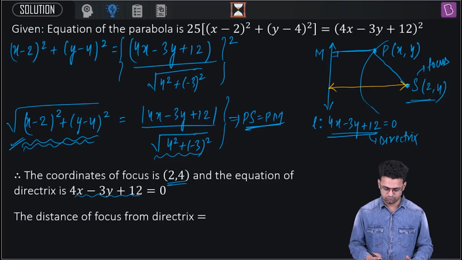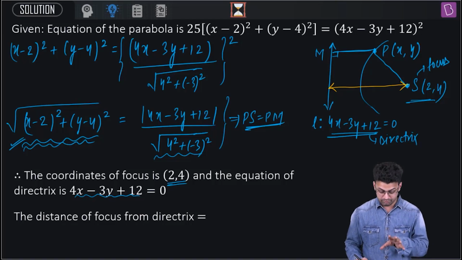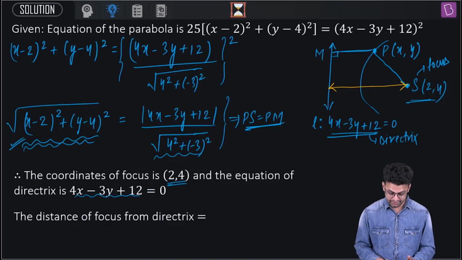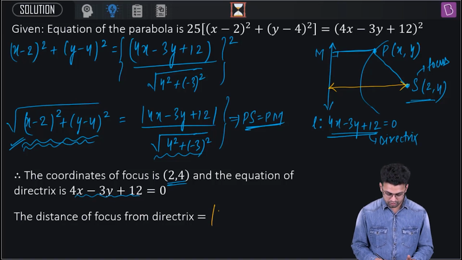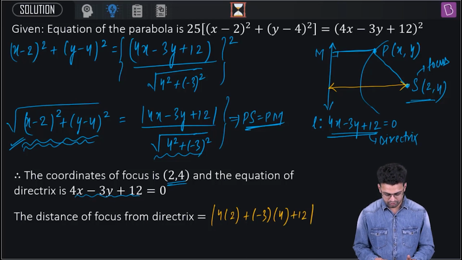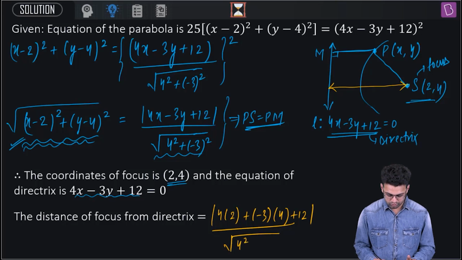The point is 2 comma 4. The equation of the line is 4x minus 3y plus 12 is equal to 0. What I'll get? Mod of 4 into 2, plus minus 3 into 4 plus 12 upon root over 4 square plus minus 3 square.